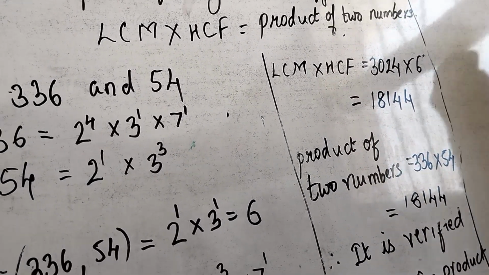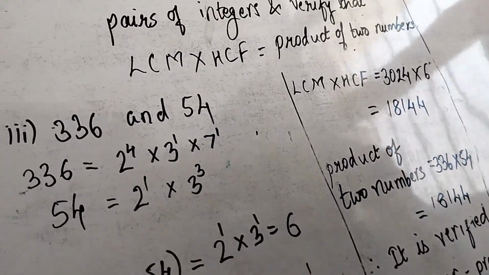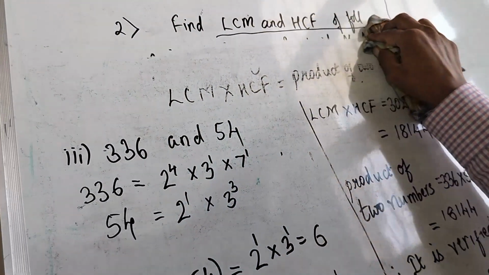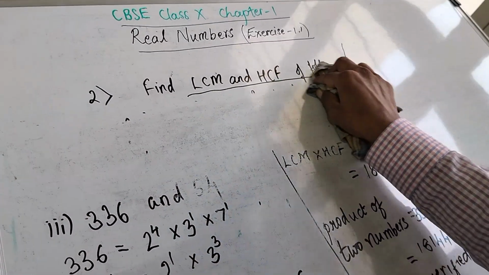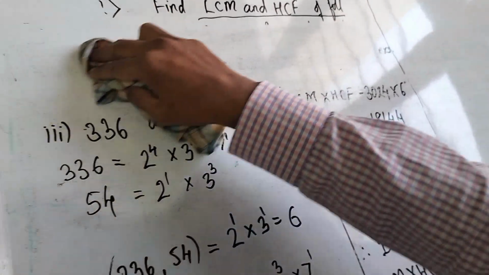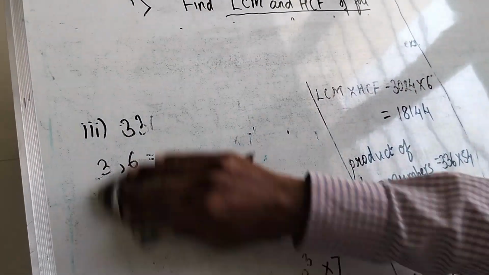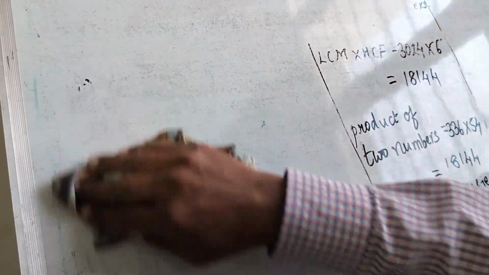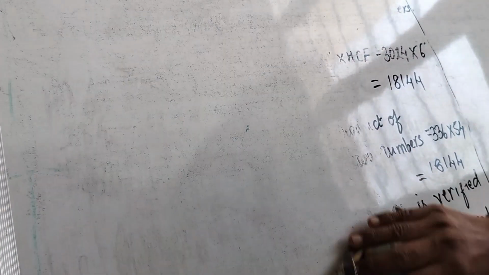Now the third question is also a similar type, where we have to find the LCM and HCF of the following integers by the prime factorization method. The only difference here is that there are three integers given for which we have to find the LCM and HCF, and they have not asked for verification here. Why is it not asked?